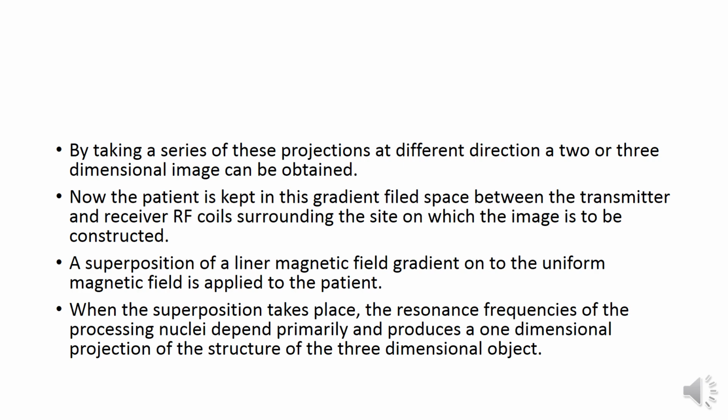Now the patient is kept under the gradient field, in the space between the transmitter and the receiver RF coils, which surround the site, so the image will be constructed. A superposition of the linear magnetic field gradient on the uniform magnetic field is applied to the patient.